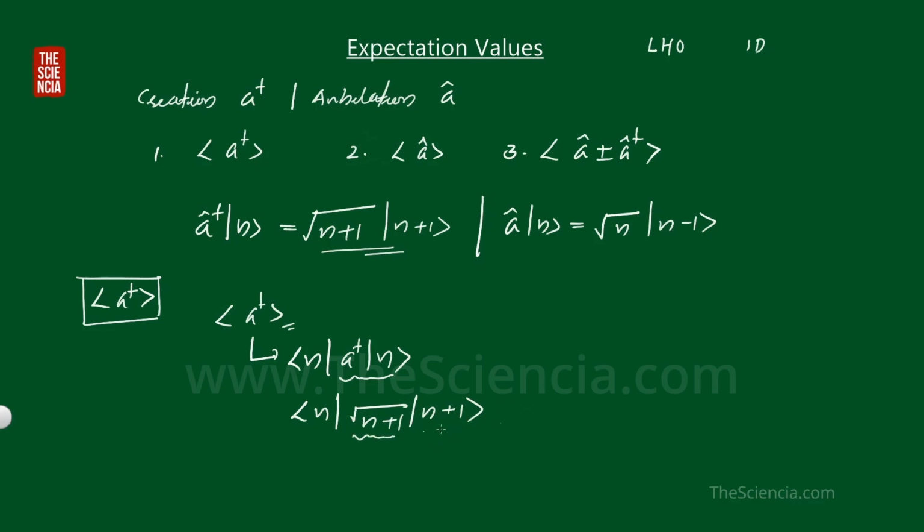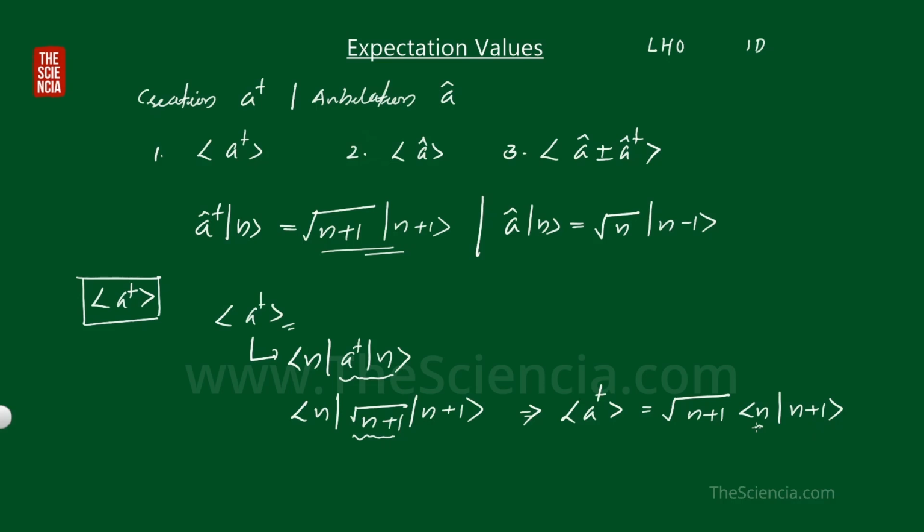This is a constant value, so I can take it outside. That is, the expectation value of a† is equal to √(n+1) ⟨n|n+1⟩.